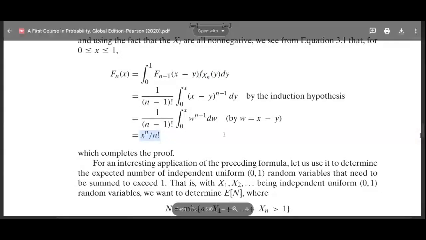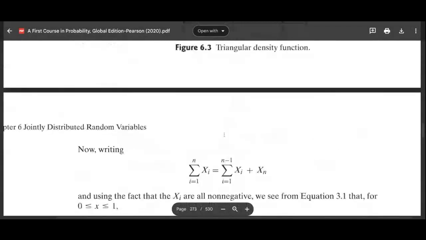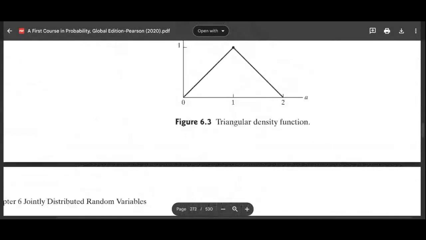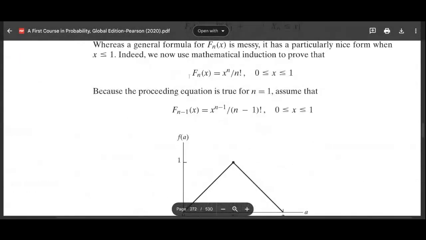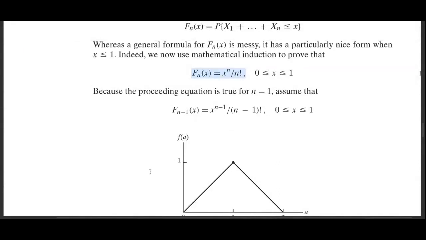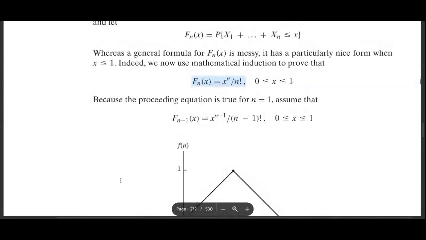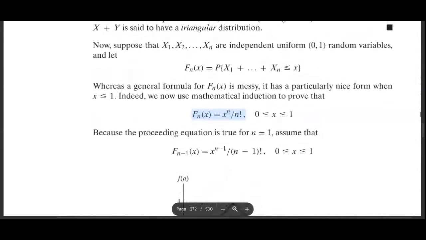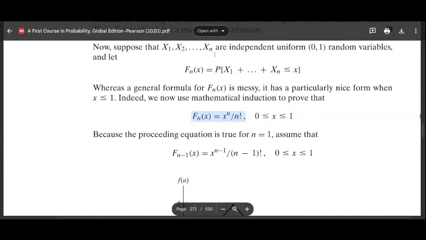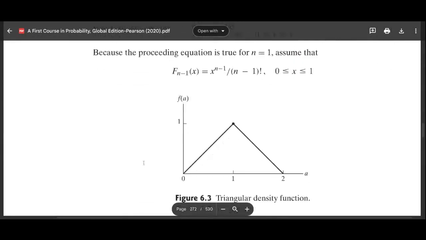So this is a little proof of this, for finitely many independent uniform random variables.